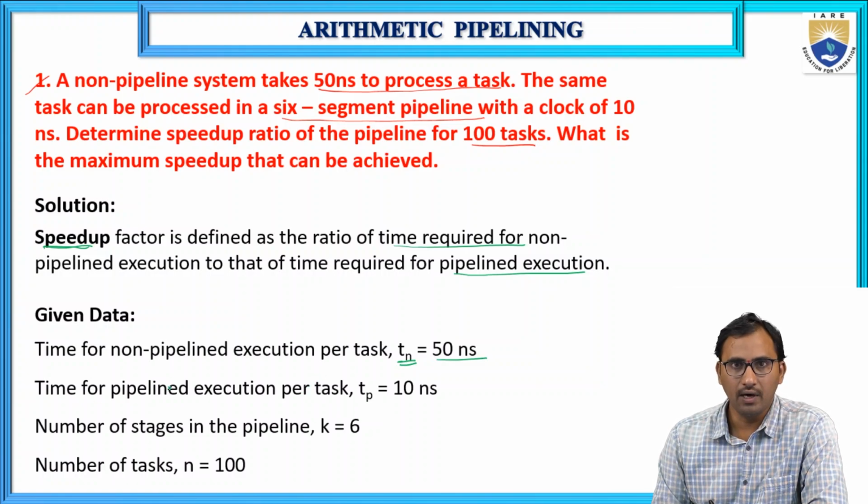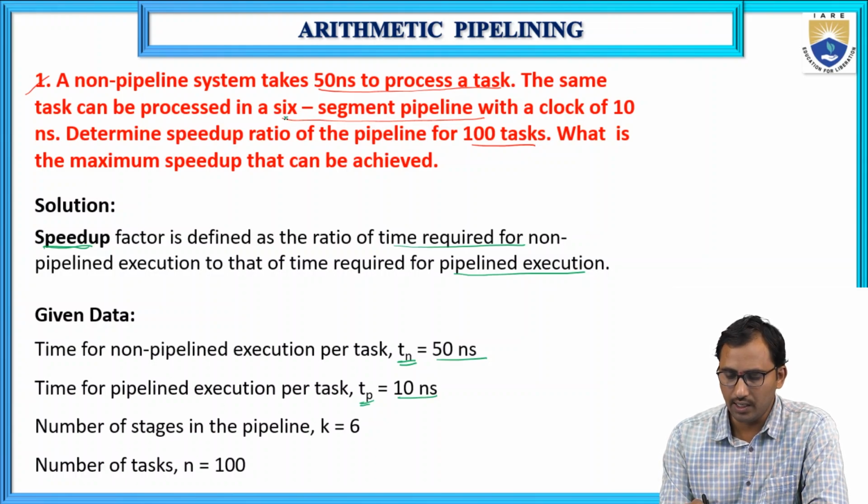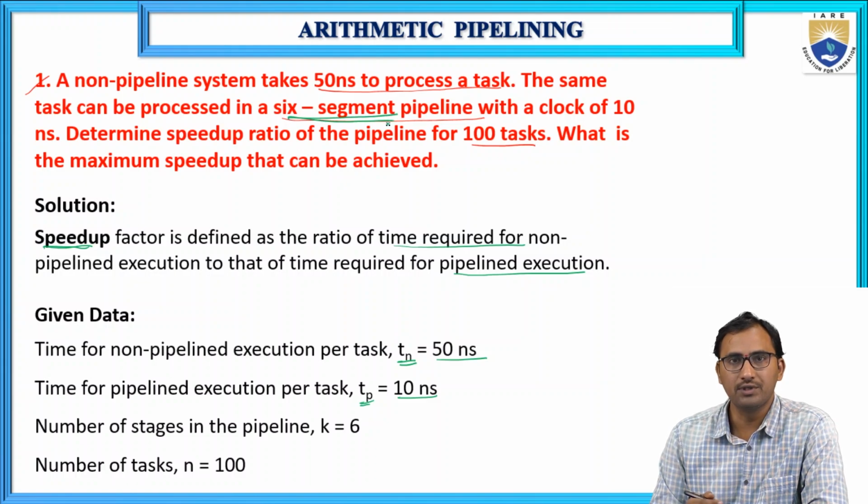Similarly, the time for pipeline execution per task, represented with Tp, is equal to 10 nanoseconds. The number of stages is given, a 6 segment pipeline, represented with k. So k is equal to 6.